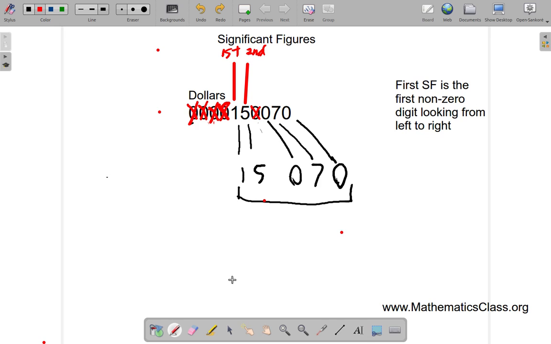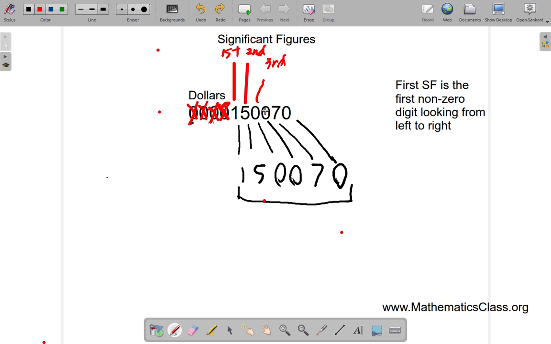Question now is, how much money do you have? 15,070. My, only $15,070. No, you can't afford to touch that 0. It is significant. So this is our third significant figure.